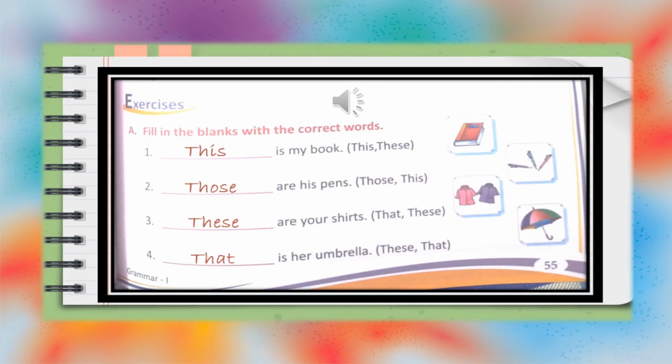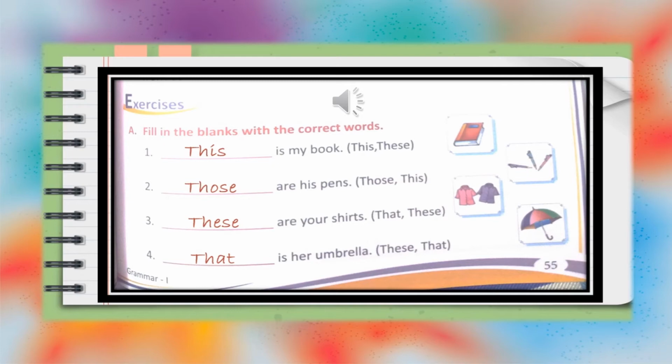We have to choose the correct option and write it in the blank. In the first picture, the book is closer. So we are pointing towards a closer object which is singular in number. So we will use this. This is my book.